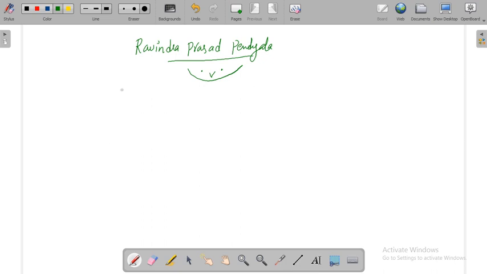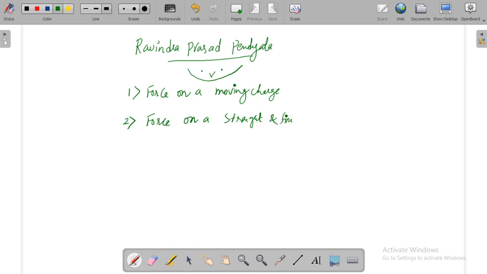So in the last two videos we have seen two basic concepts. One is the force on a moving charge when it is placed in a magnetic field, and the second is the force on a straight and finite current carrying conductor.